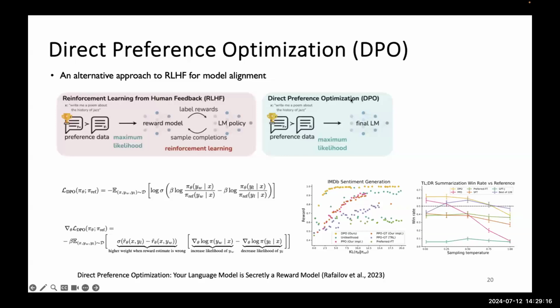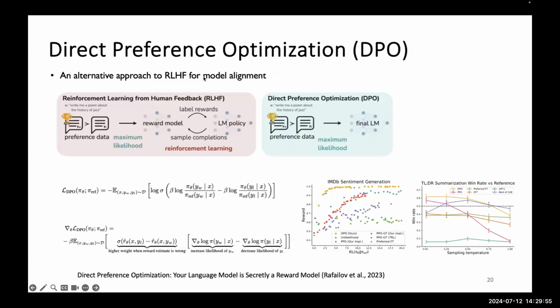One of the earliest of its kind is direct preference optimization, or DPO. This method is very cool because they formulated, from first principles, a statistical approach in the context of language models. What they found was there's a way to do this alignment without needing a reward model, and hence the title of the paper: language models are secretly reward models.